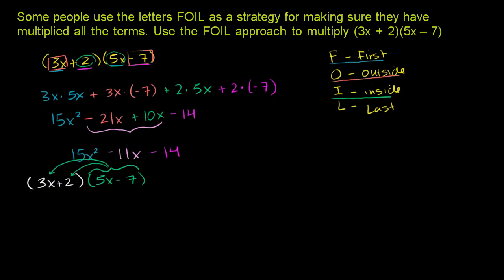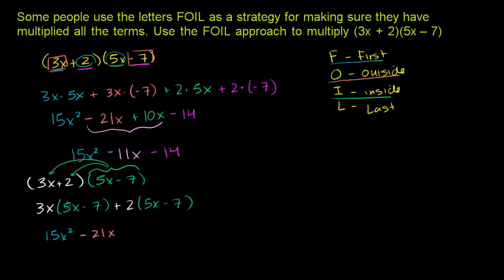So we get literally 3x times 5x minus 7, plus 2 times 5x minus 7. And then this gives us 3x times 5x is going to be 15x squared. 3x times negative 7 is going to be negative 21x.